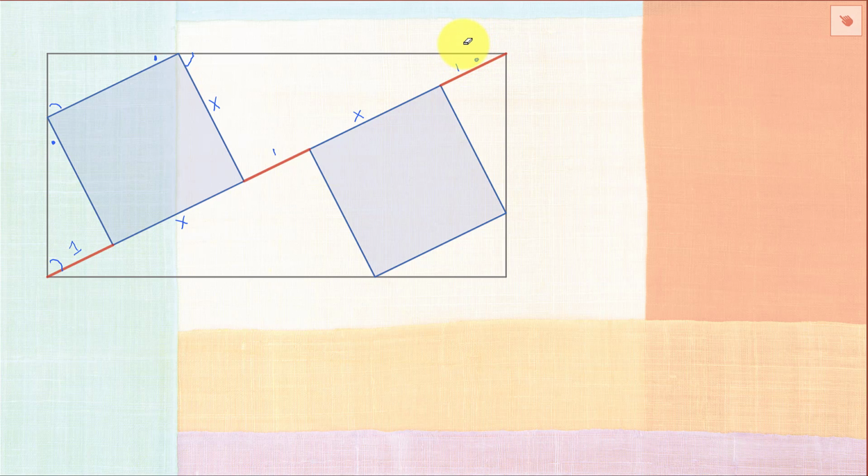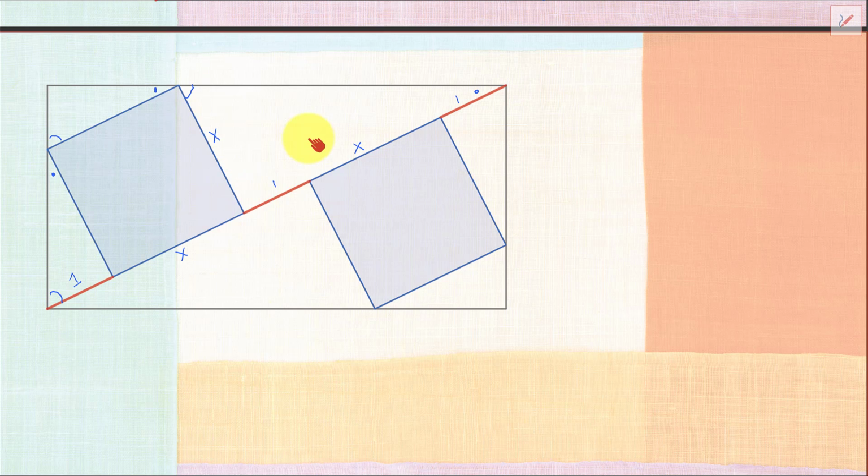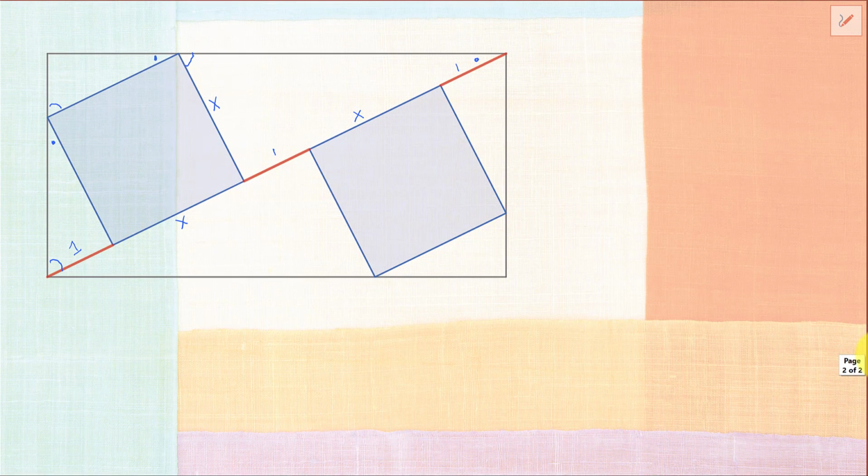Then we have several similar triangles. What we want to emphasize is that this triangle and that triangle are similar, because all the angles are equal. You can argue by trigonometry, but I'm trying to avoid that in case some students have not yet seen trigonometry, so they can argue using similarity.